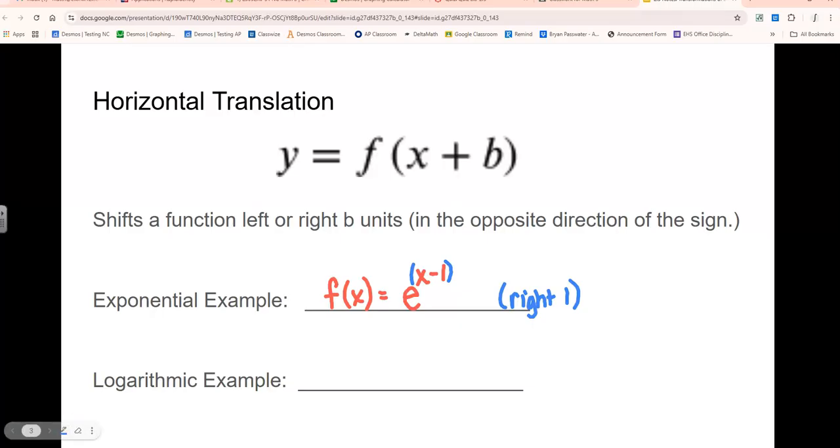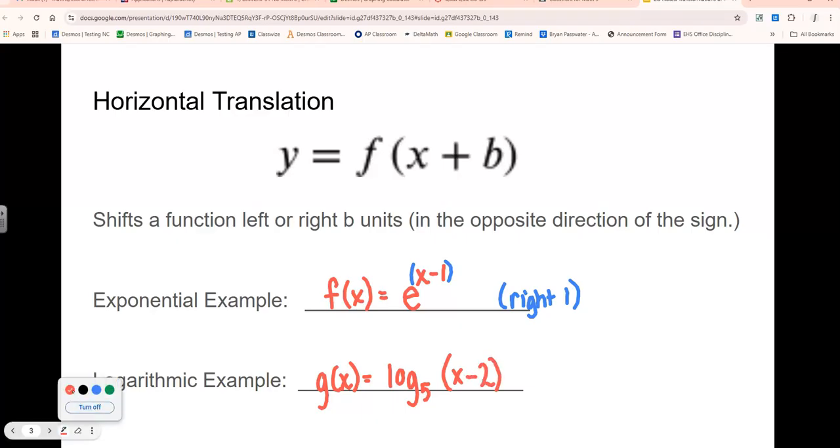A log example would be something like this. g of x equals log base 5 of parentheses x minus 2.